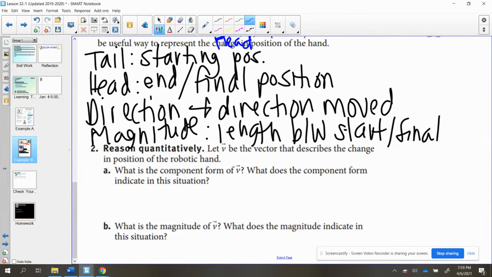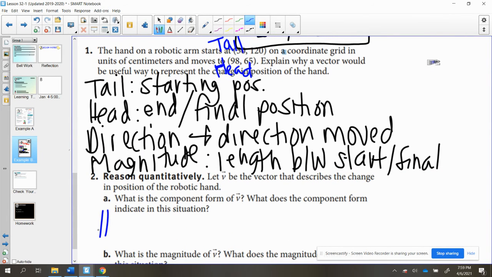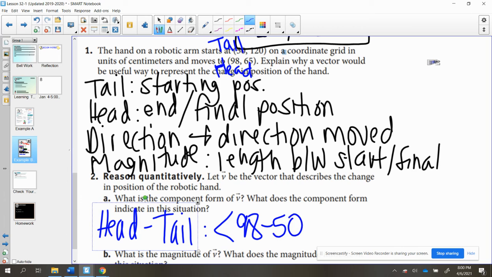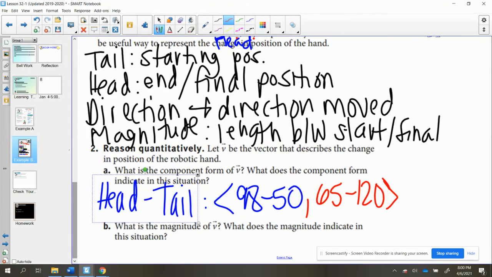So if they're asking us for the component form, again, it's always head value minus tail value. So we would take 98 minus 50, our two x components, and then 65 minus 120, those y components, to make up b, for a final component form of 48, -55.